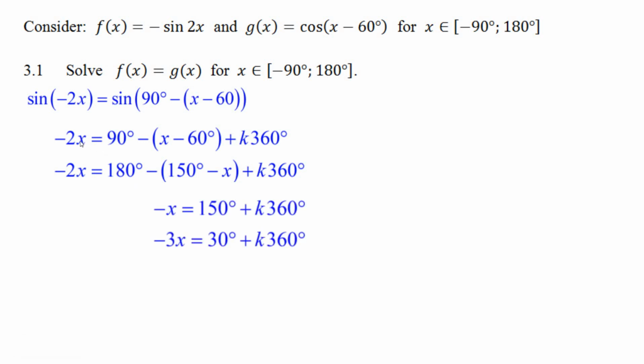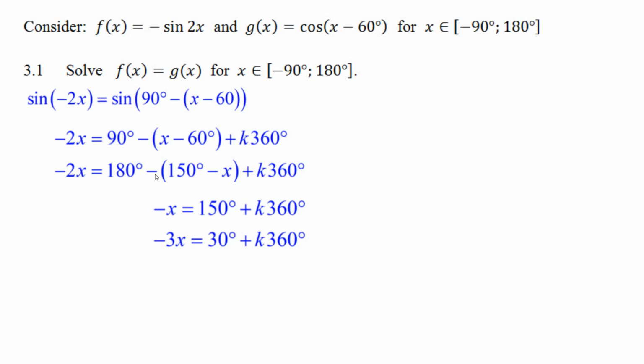With this one up here, we're going to have a minus x. This is 90 minus minus 60, that's plus 60, that's 150, but we're going to add x, we'll get minus x. Well, then we divide everything by minus 1, and this one will turn into x equals negative 150 plus k times 360.